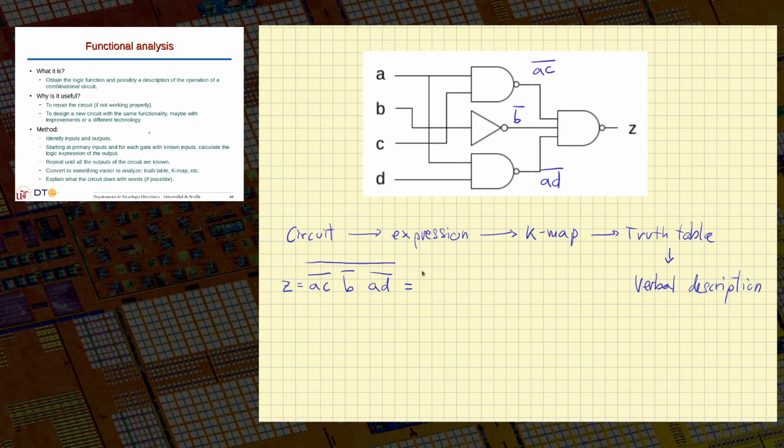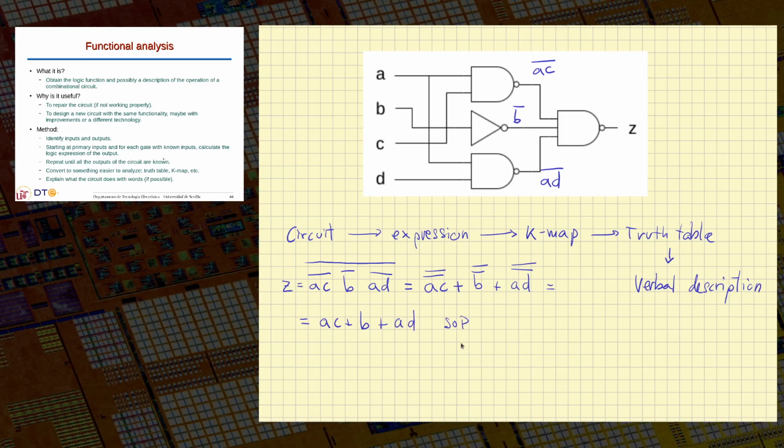So the complement of the first part is AC complemented twice. The AND becomes an OR. Then I have B complemented twice, another OR, and I have AD complemented twice. I don't eliminate the first complement because now all those double complements will give AC plus B plus AD, and now it's a sum of products. Okay.